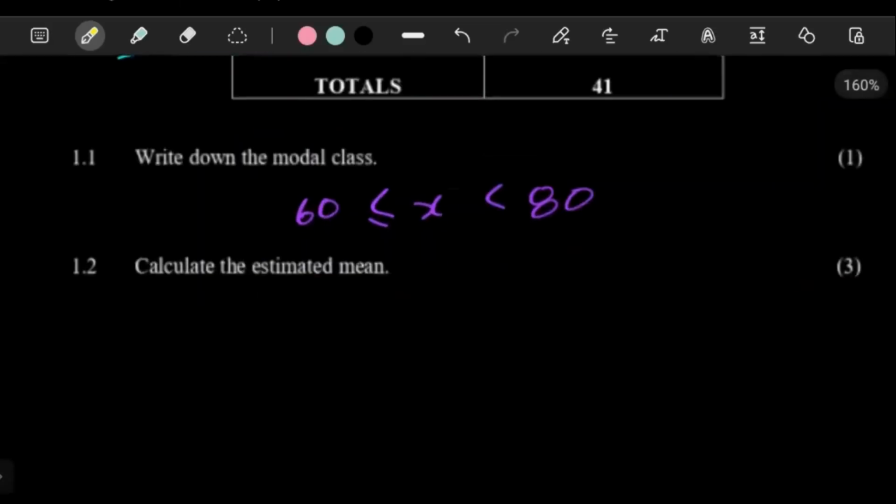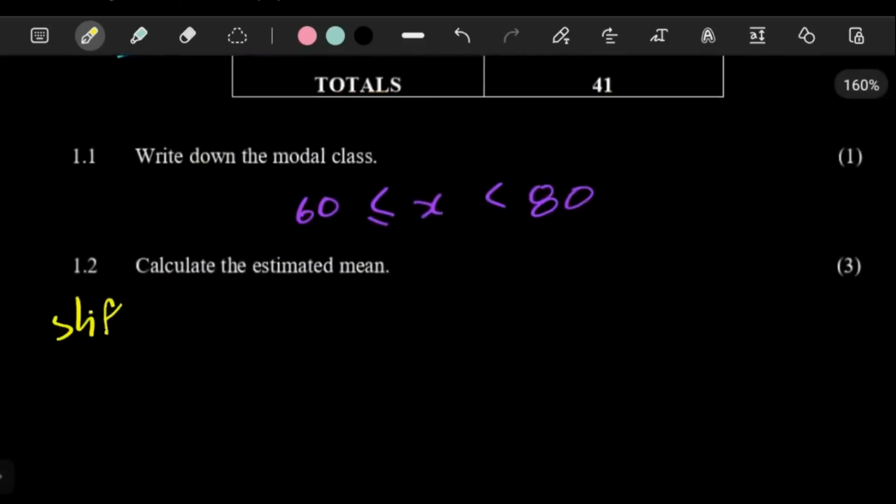In your calculator, you first press shift, and then mode. After pressing mode, you have to scroll down.